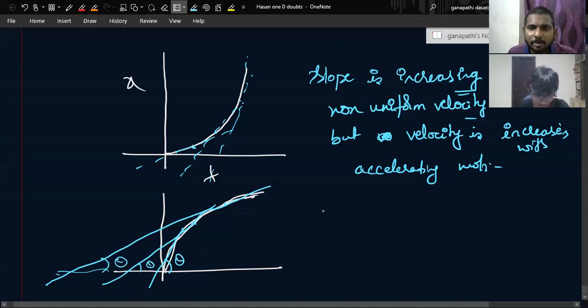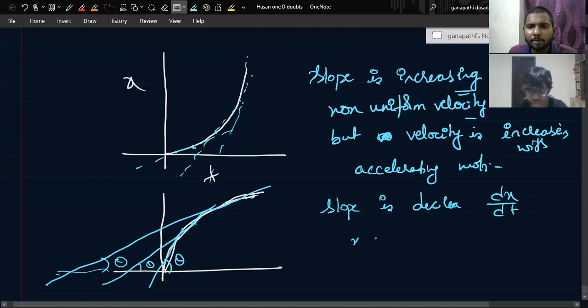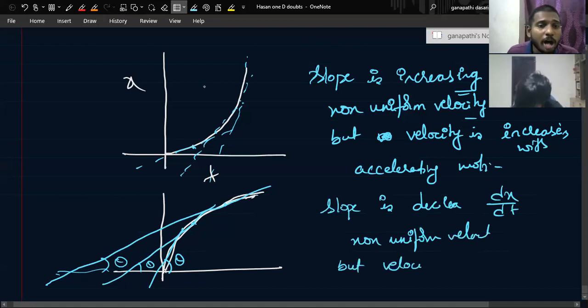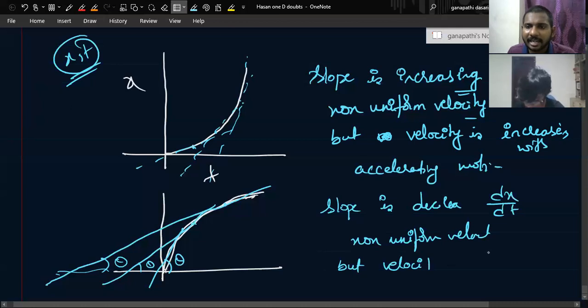That means slope is decreasing, that is dx by dt is decreasing. So this is also non-uniform velocity, but this velocity is decreasing with time. These all are x-t graphs. That means it is decelerating motion.